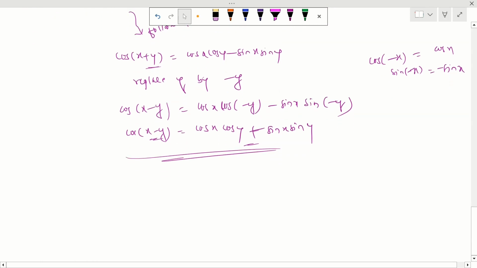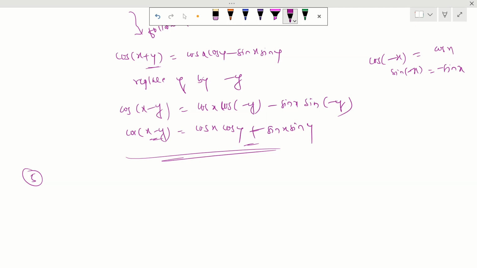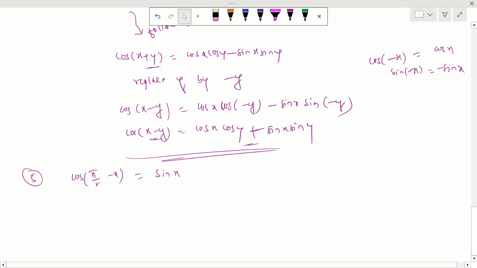So the fifth one. We need to prove cos of pi by 2 minus x is equal to sin x.